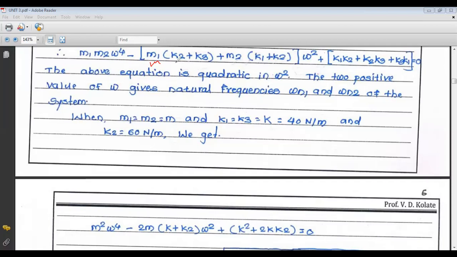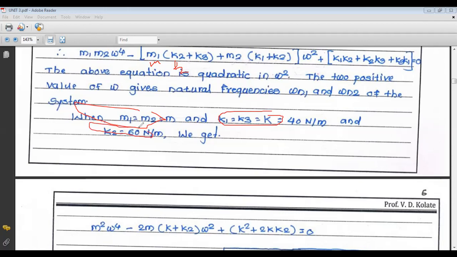Again we have to put all these values, that is m1 m2 is equal to m, K1 K3 as K.